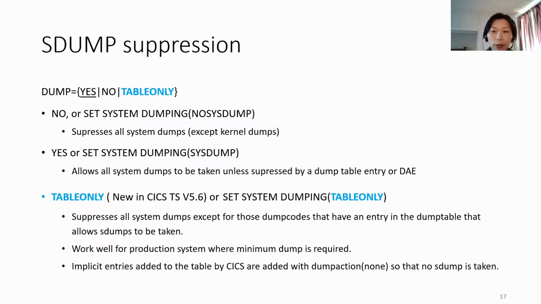So we provided a new option called table only. You can use that option to suppress all system dumps, except for those dump codes that have an entry in the dump table that allows the system dump to be taken. If you have any implicit entries added to the table by CICS, that means a dump table action of none, so no dump will be taken for those entries.